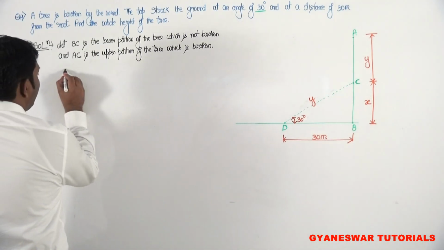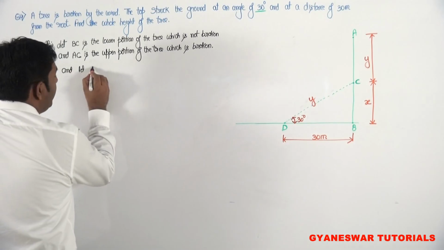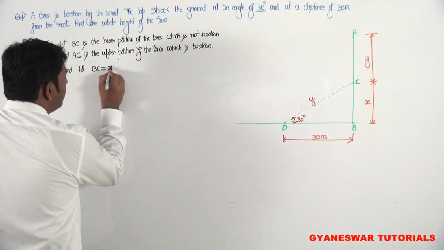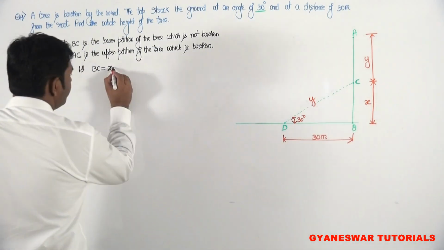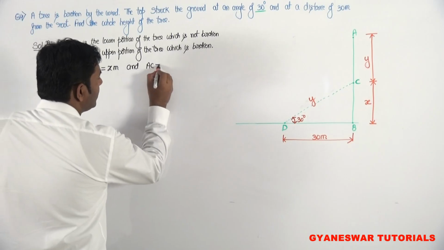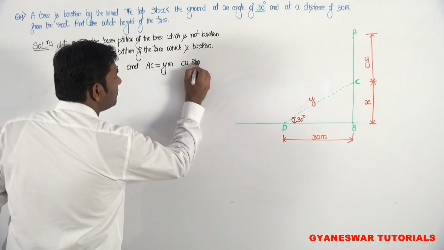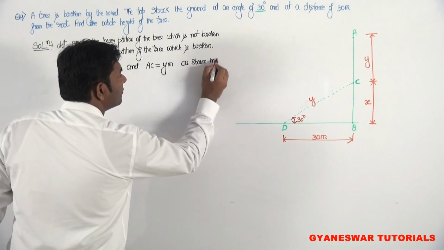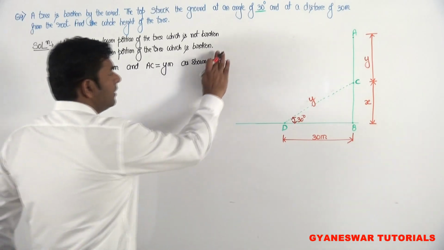Now let BC equal x meters and AC equal y meters, as shown in the figure. Isn't it?